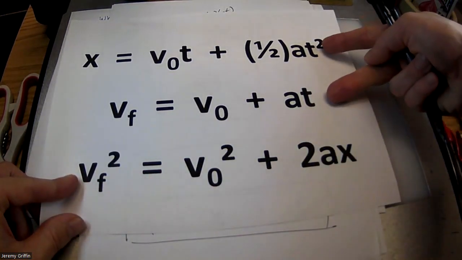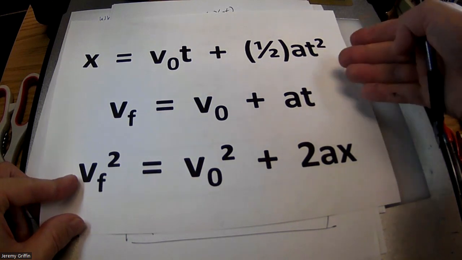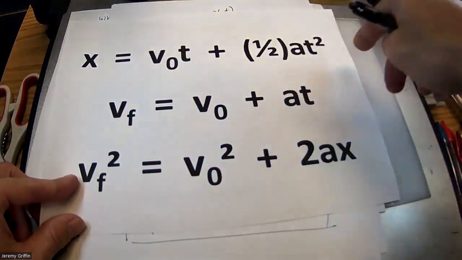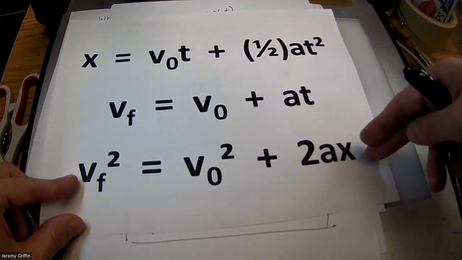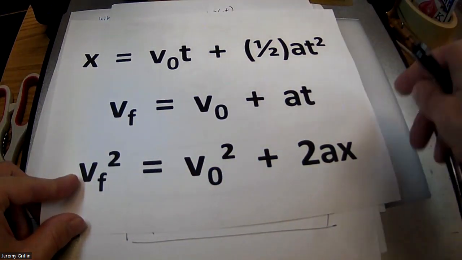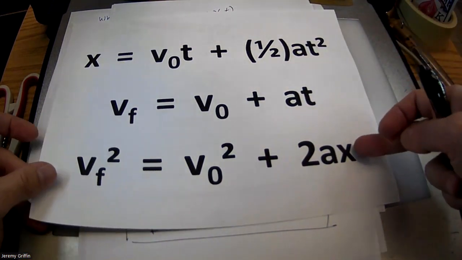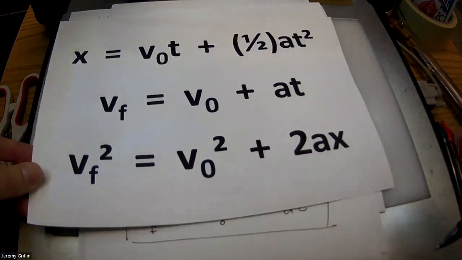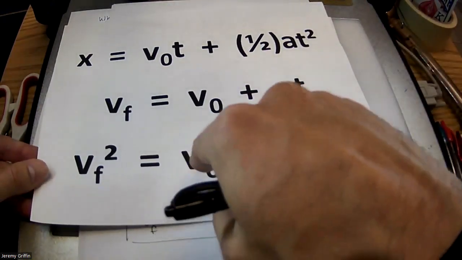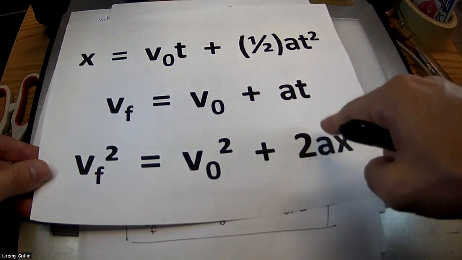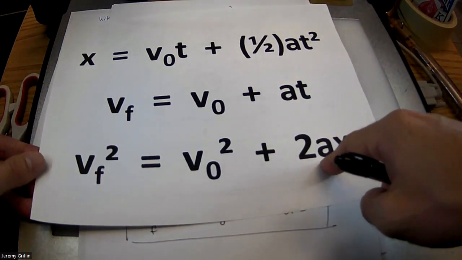The top two each have time mentioned in them. Obviously, all five variables, v naught, vf, x, a, and t, are going on with all three equations, but they're not mentioned in all three. They all have acceleration, but only the top two mention time, and the bottom one doesn't. So what if you had a situation like that? Like you throw a ball down from the top of a cliff. That's the initial velocity. You want to know how fast it crash lands. You know the planet you're on, which has to do with the acceleration, how much gravity is pulling.